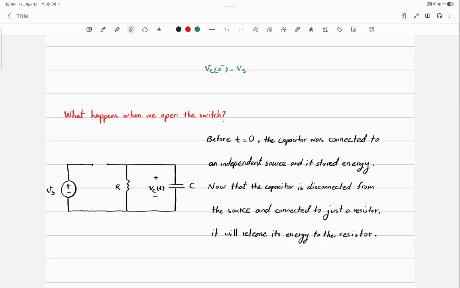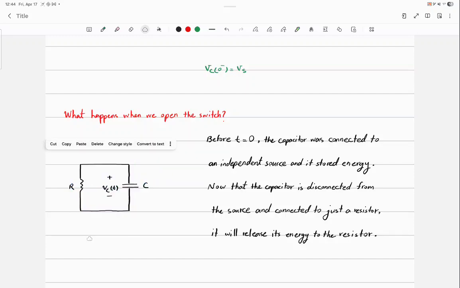Can I get rid of the left part of the circuit? Is it doing anything for the part that I'm interested in? No. So this is my circuit. This is for t positive.